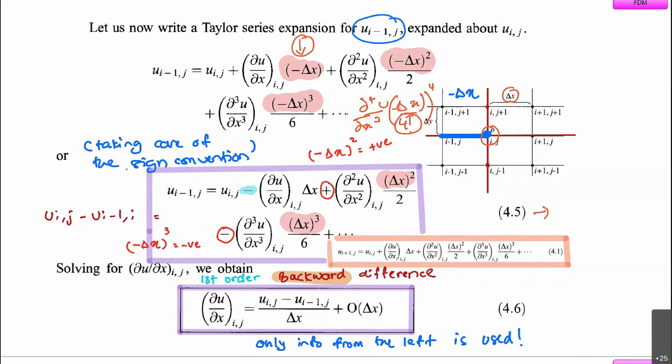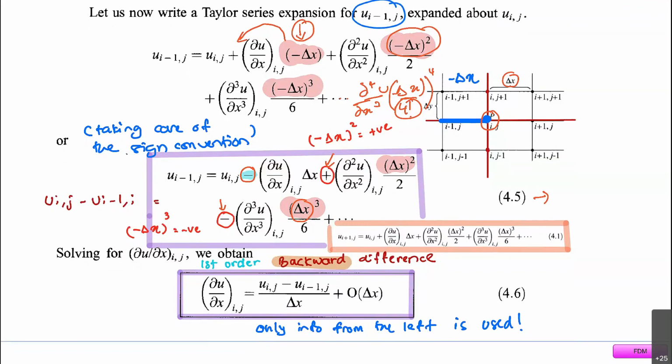So you have the first negative. And next one, because you have negative delta x squared, you will have a positive sign here. And then the next one, you have negative delta x to the power of 3, so because of the cube, you have a negative sign over here, and so on and so forth. So remember to take care of the sign.